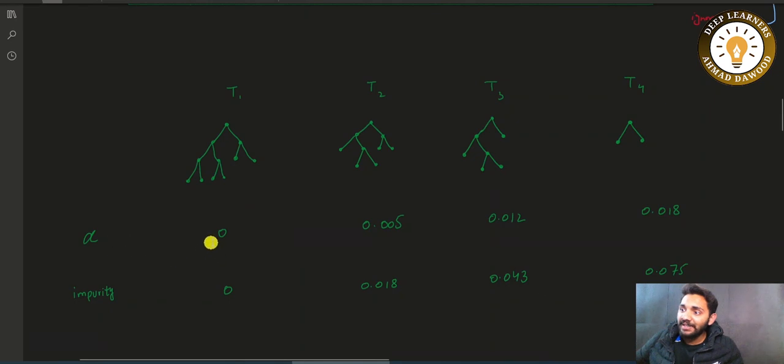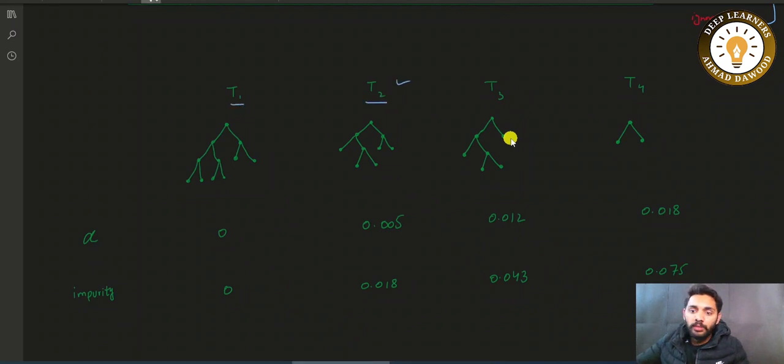And you can see that there is some sequence in that. All alpha values are in increasing order. Your impurity is also continuously increasing here, and in that sense you can also see your trees here. Your trees are continuously decreasing their complexity, like T1 is more complex compared to T2, T2 is more complex compared to T3, T3 is more complex compared to T4.